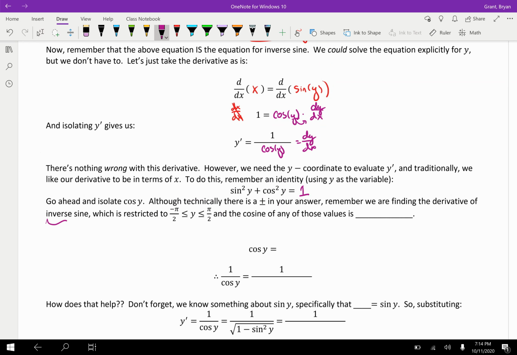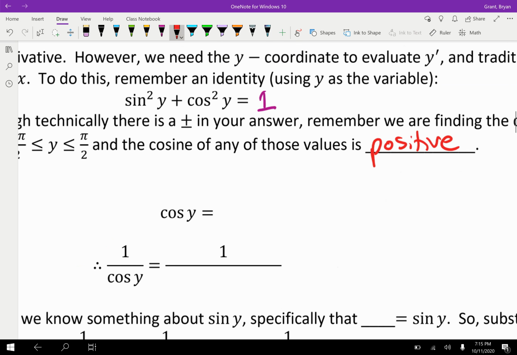Inverse sine is what we started with, and negative pi over 2 to pi over 2 spans this distance. And if you think about the x, which is cosine here, that's always positive. So since the cosine of any of those values is positive, there's really no point. In fact, it's wrong to put plus minus. There's only going to be positive answers here.